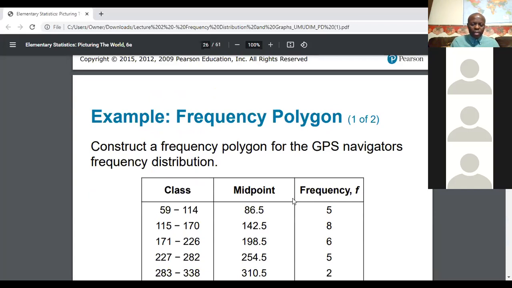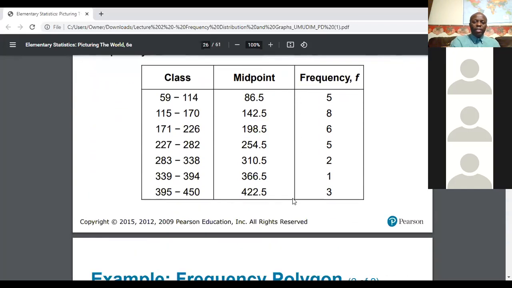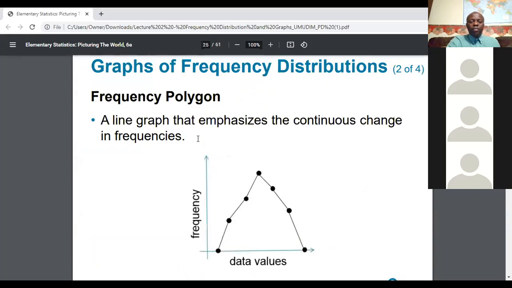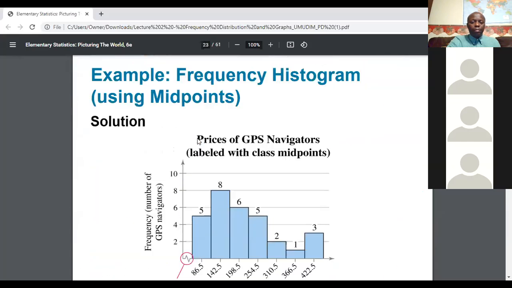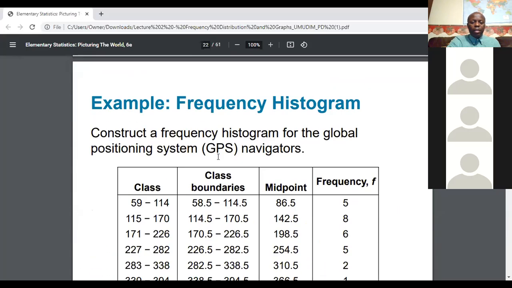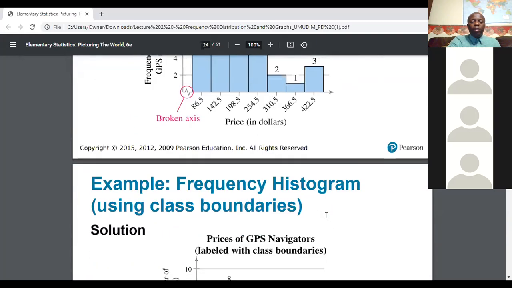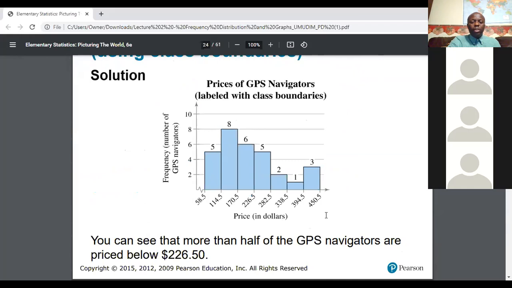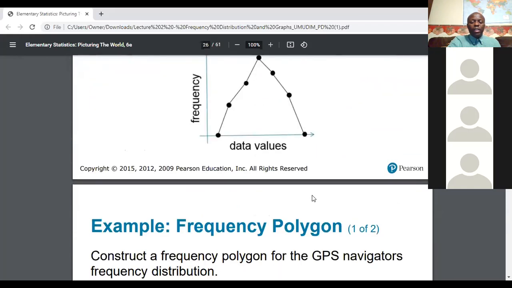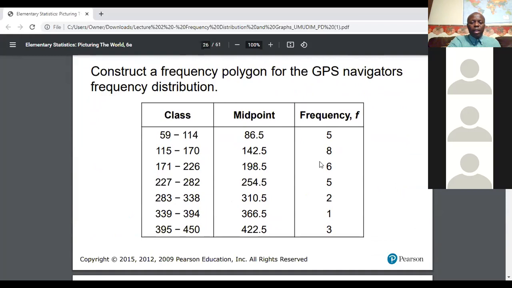The only difference is that in a histogram, you're plotting the boundaries and the frequency, but in a frequency polygon, you are plotting the midpoint and the frequency.